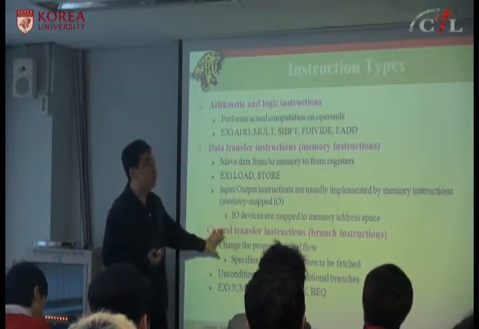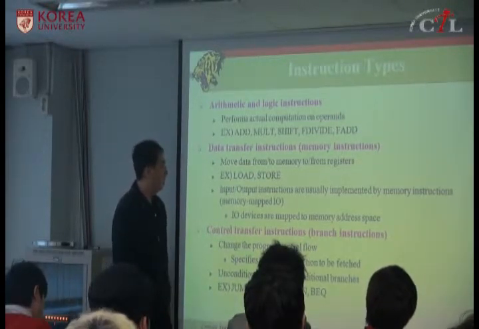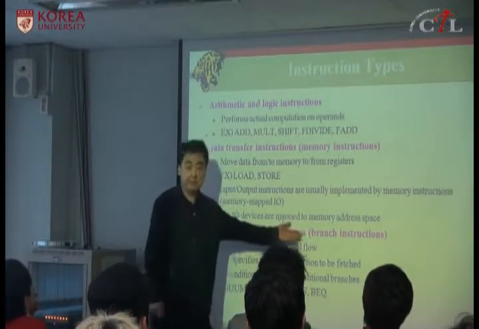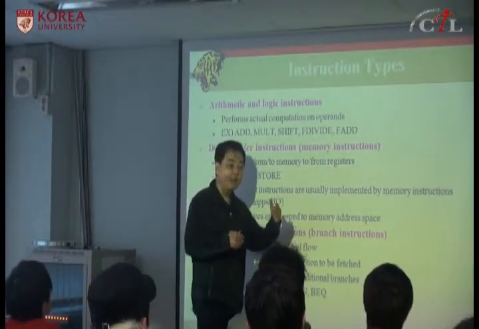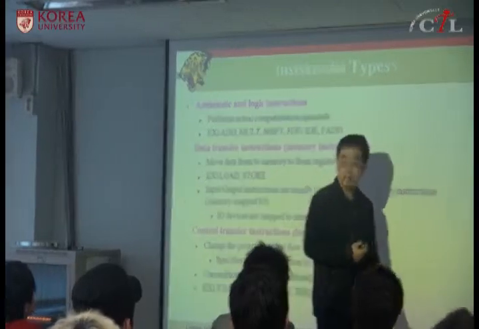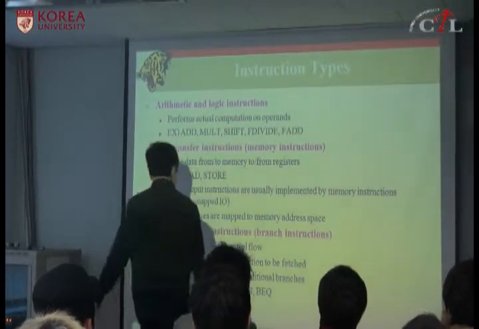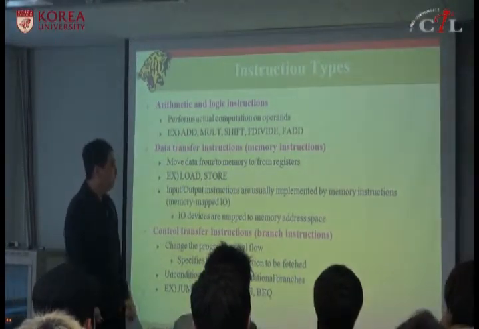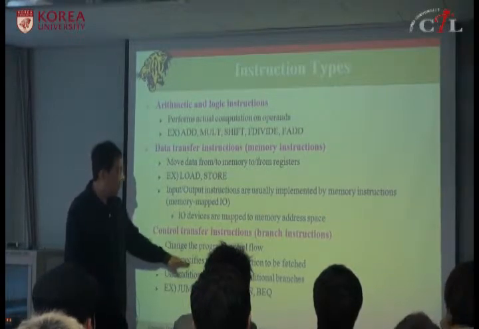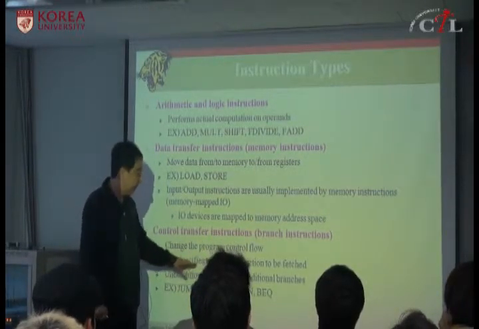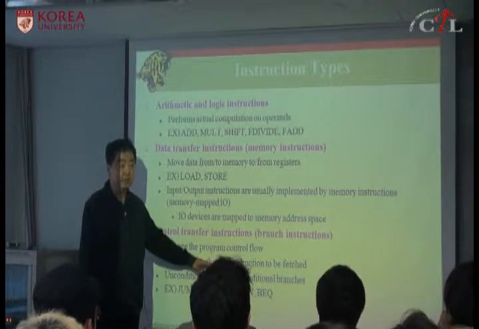The third type of instruction is called control transfer instruction or branch instruction. It changes the program flow. Its function is to specify the next instruction address.